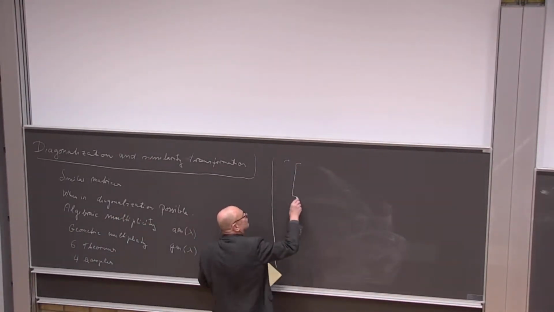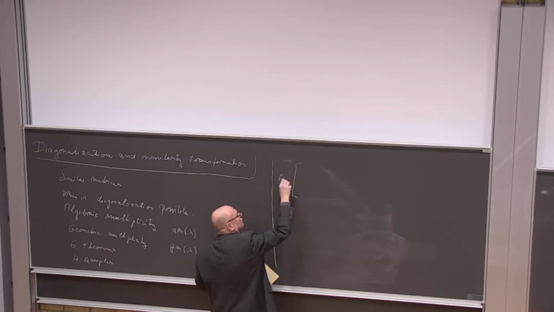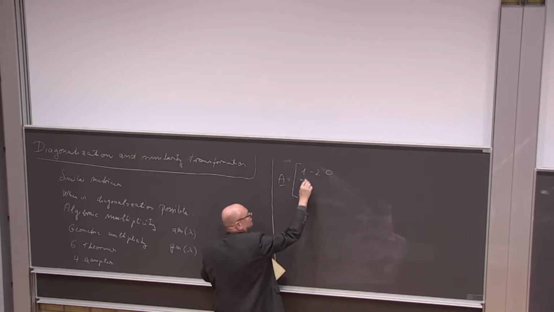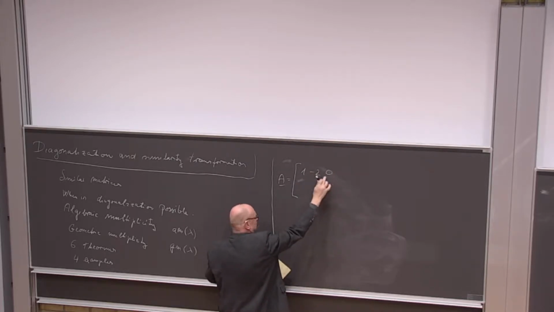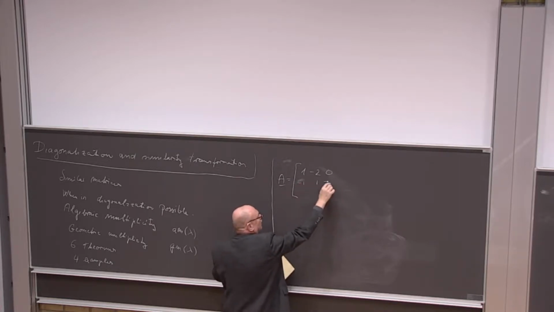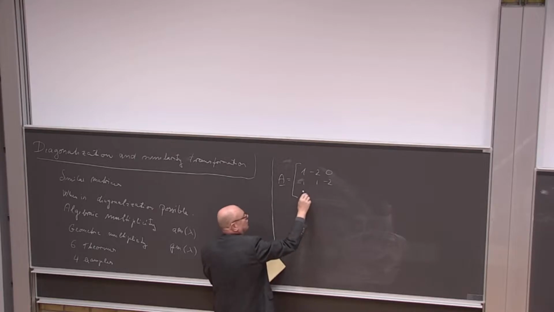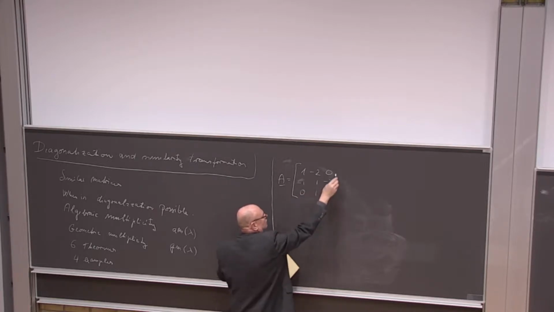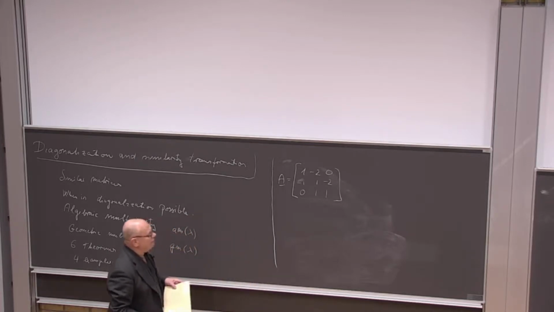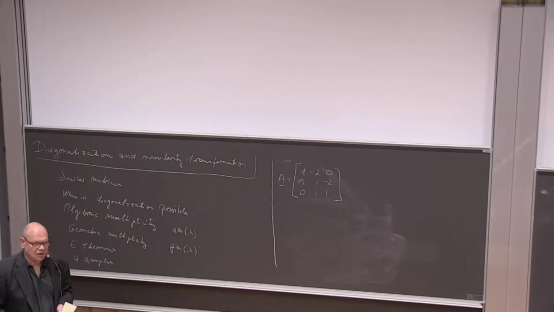So I'm looking now at another example here. I have the matrix with rows 1, minus 2, 0; minus 1, 1, minus 2; 0, 1, 1. And I don't have any smart ideas about this, so I do it the hard way.